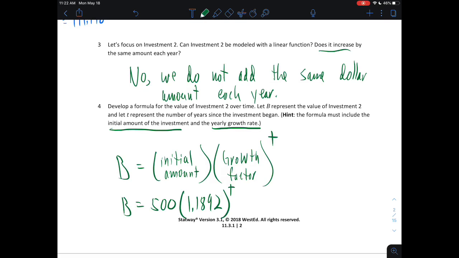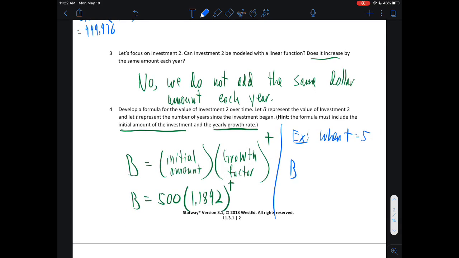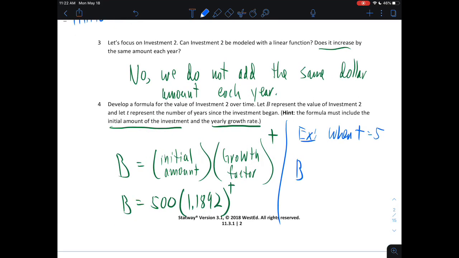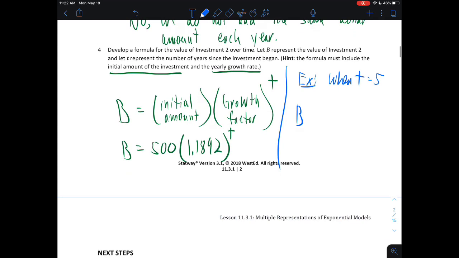So to see why this is correct, take out your calculator and let's just find an example. Let's say when T is equal to 5. B, the value of the investment 2, will be equal to 500 times 1.1892 raised to the power of 5. Remember to use powers on your calculator.